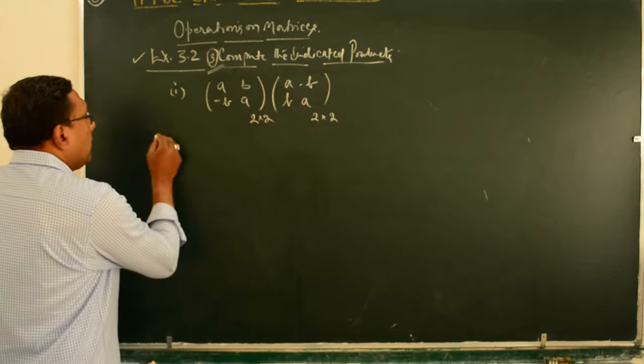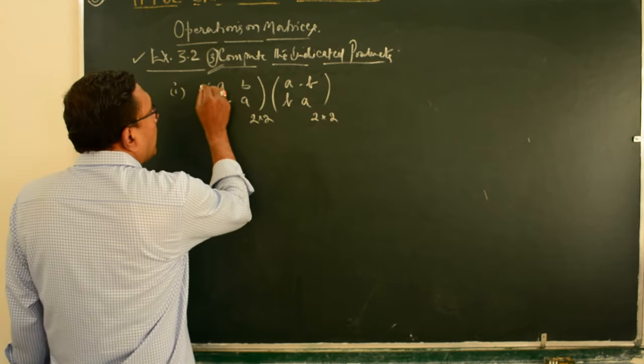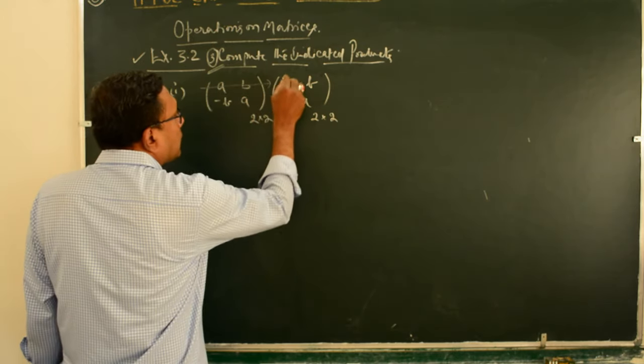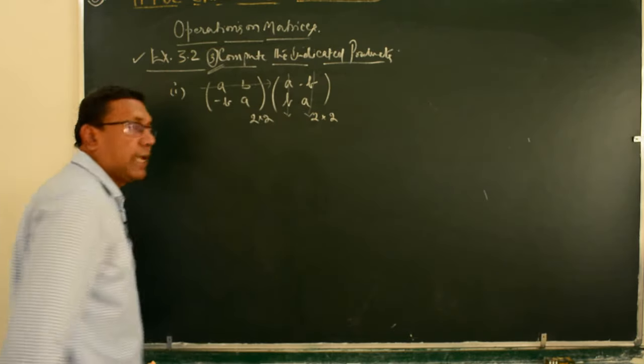Let's see the solution. We are multiplying the matrices. So, first row into first column, again first row into second column.